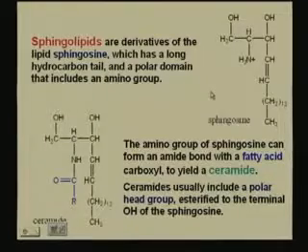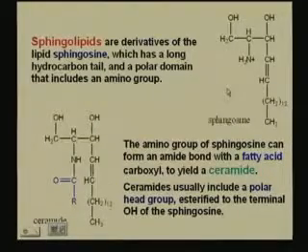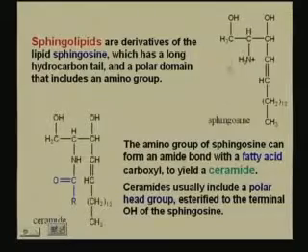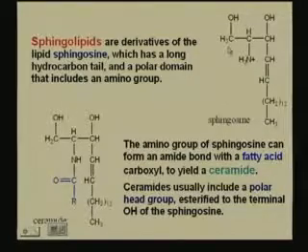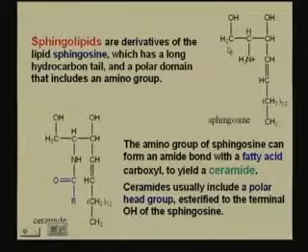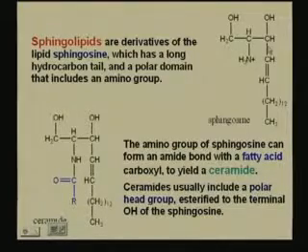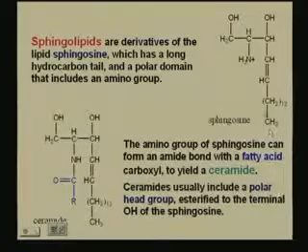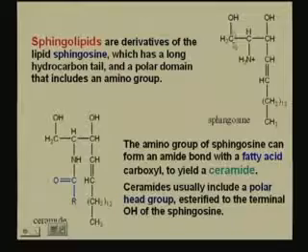A sphingolipid. What is a sphingolipid now? Now, the sphingolipid, this is the structure. It is based on the structure called sphingosine. Okay. Now, this is the structure of sphingosine. What you see here is you have a CH2OH.